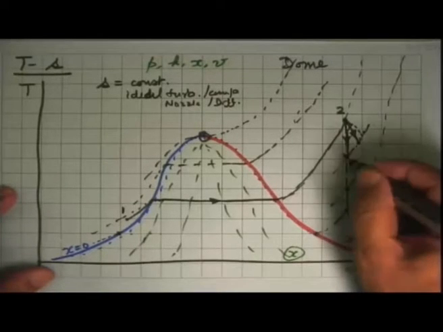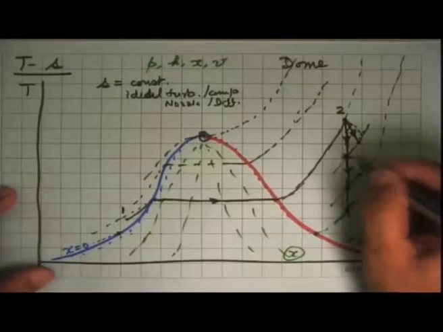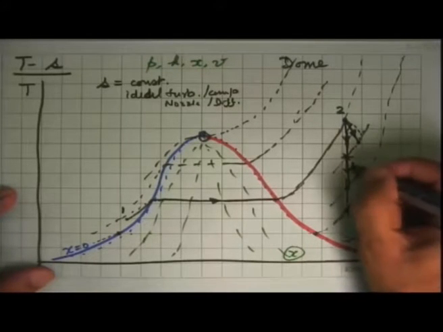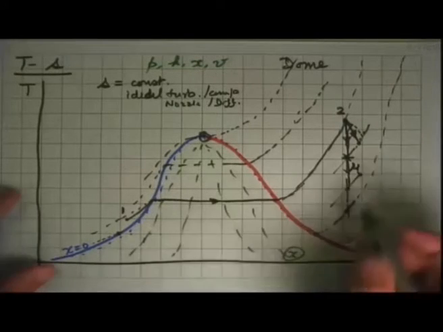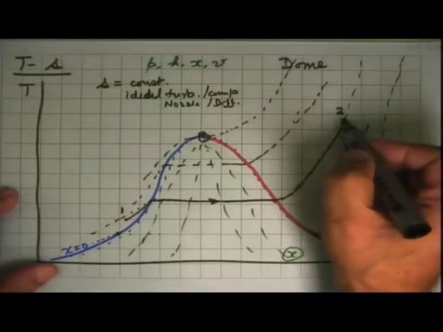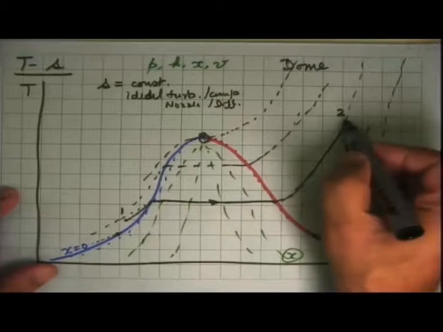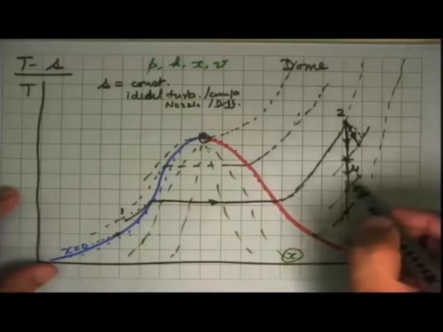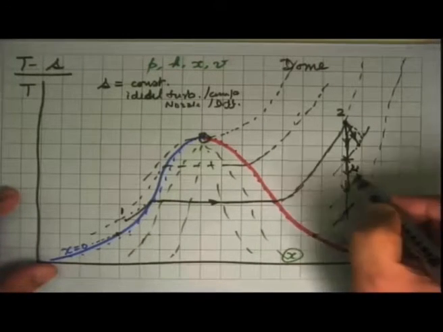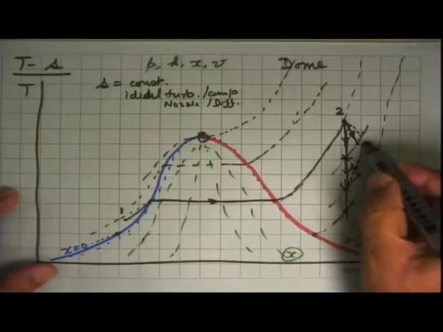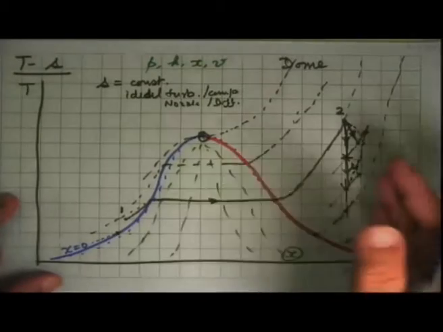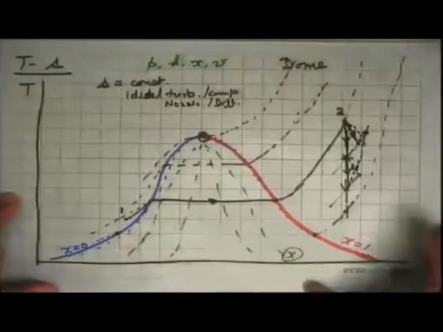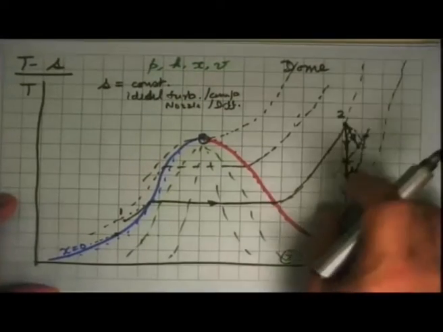So from here to here, the ideal turbine will be like this, the real turbine will be like that. The compression process will be exactly opposite. Ideal compression will be isentropic, it will go up. The real compression will of course have an increase in entropy, so the line will go that side. So that's how the TS diagram helps us in visualizing all these work consuming devices.